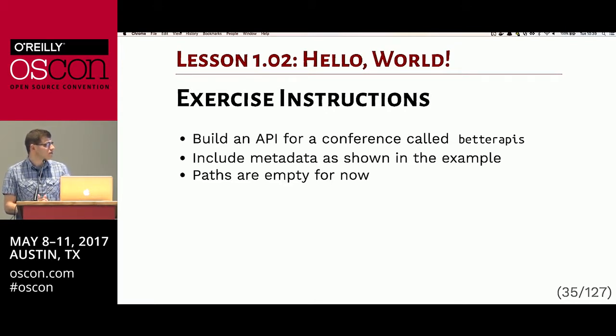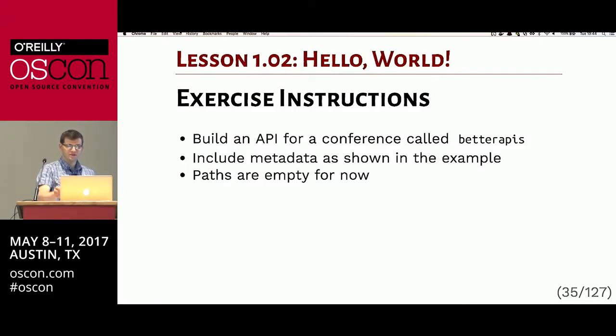So for the very first part, you would just define your Better API spec. Put some metadata into it. You need to make all the required parts that I mentioned. And feel free to put any optional stuff there. Put the paths as empty for now, and basically you'll move from there. And feel free to be as creative as you like with the metadata, with hosts, and stuff like that.